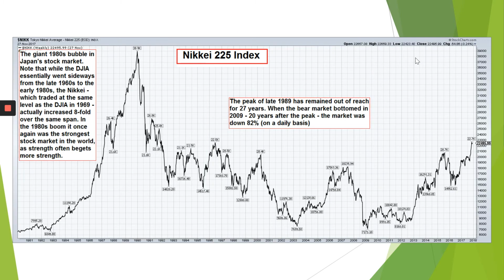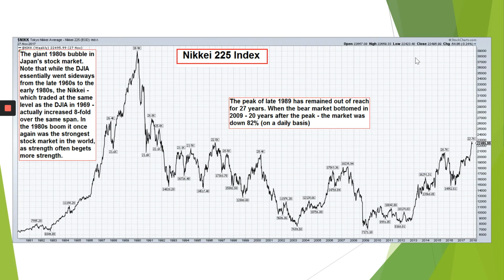Let's take a look at this chart now. This is the Nikkei 225. This is the index of Japan's stock market. And this is an almost 40-year chart. So that's 37 years on the chart. 1981 to 2018. Sorry, 27 years. My math is off.